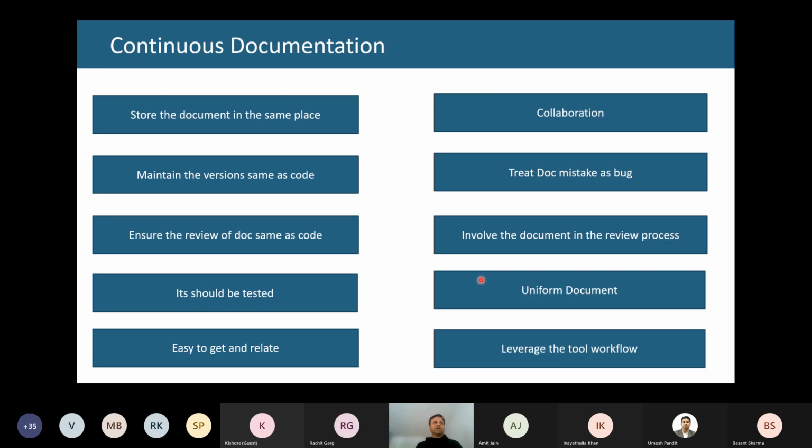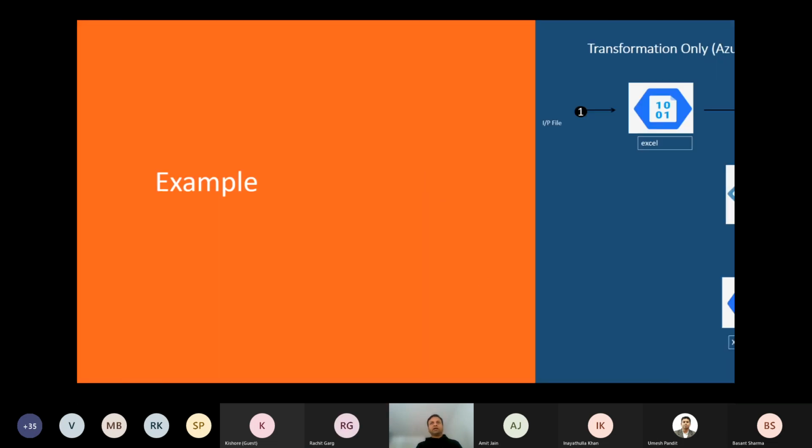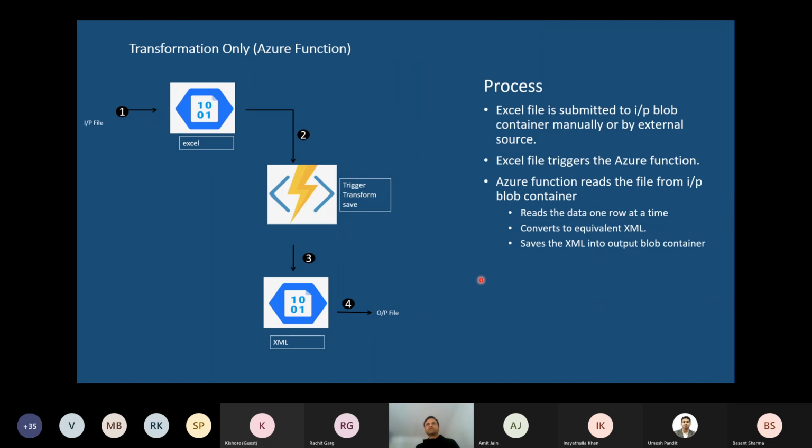I have not come with a demo, as I said, but one example I can tell you is the way we did a transformation, using Azure Function. An Excel file is transformed into XML, and with Azure Function alone you can transform and do these activities. Azure Function itself is a very powerful tool.